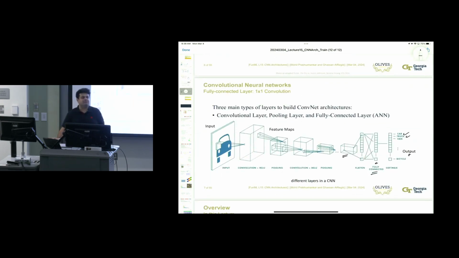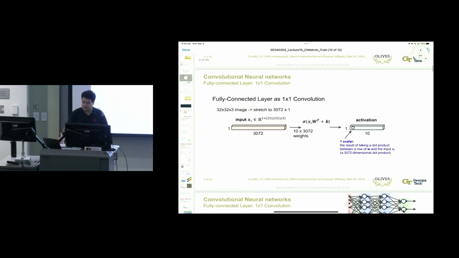Now, depending on which library you're using, sometimes the way it is implemented is as a 1x1 convolutional kernel. So it's very intuitive to think about it: instead of just connecting everything to everything else, your inputs to your outputs, all we are doing is convolving based on a 1x1 kernel.